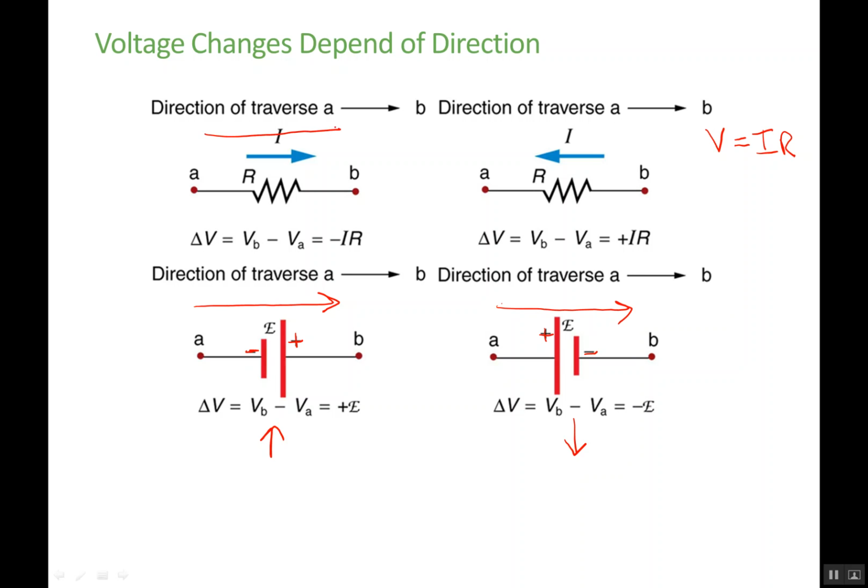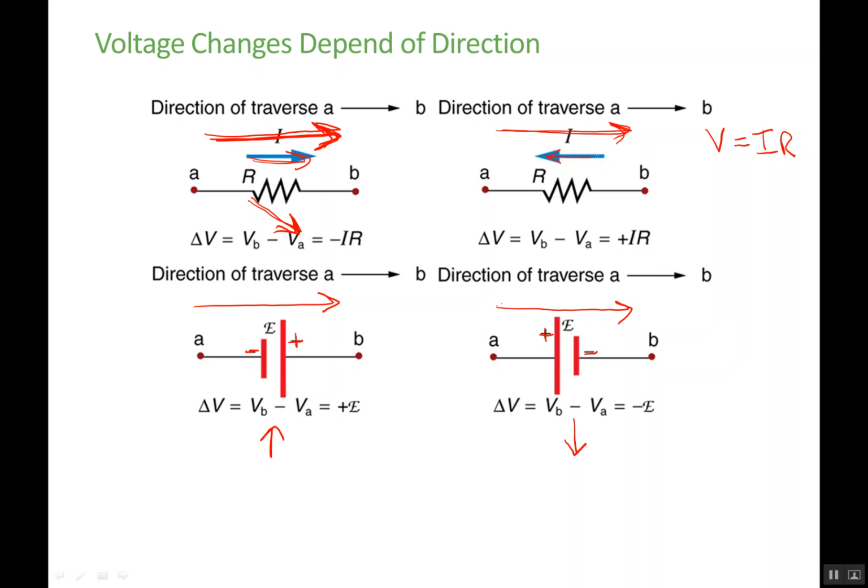So if you're going around a circuit, applying Kirchhoff's loop law, and you cross a resistor traveling with the current, then that's like water rolling downhill. You're going to lose voltage. On the other hand, if you cross a resistor going against the direction of current, that's like going uphill.